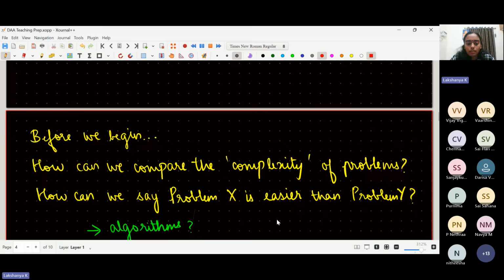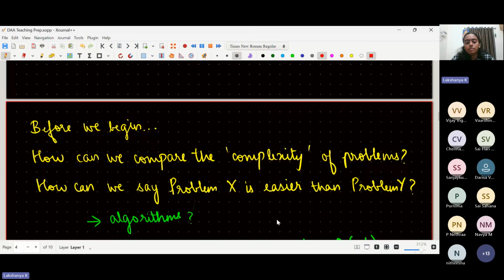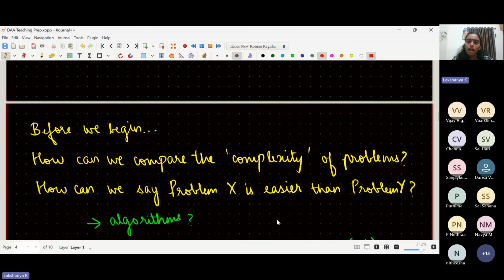Okay, I'll give you something to think about. Do you think comparing the algorithms or comparing the solutions is a good way to say this problem is easier than that problem? Maybe not. Why not?